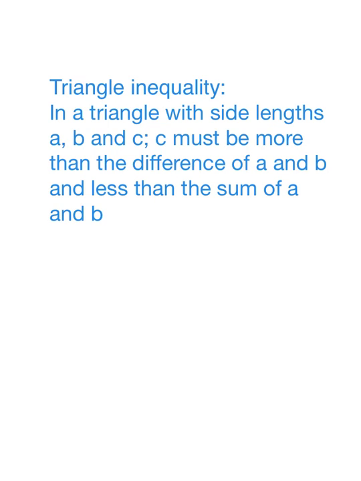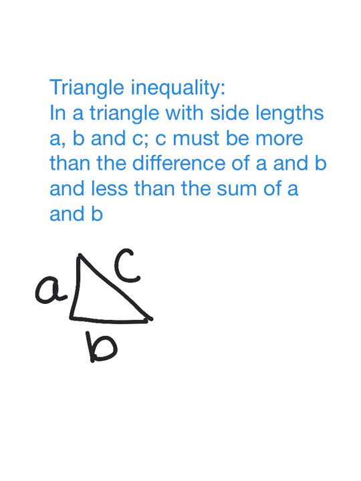So realistically, you have a triangle, and you have the lengths A and B and C. And you'll work more with specific triangles later on in the lessons. But for this purpose, we're just going to have A, B, and C. So again, we're going to use our inequalities to write out what this means.